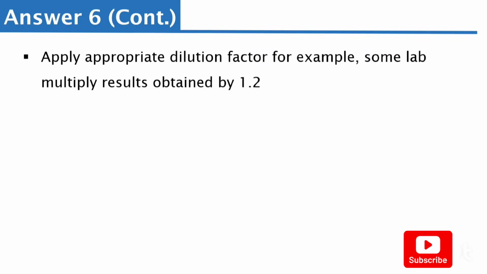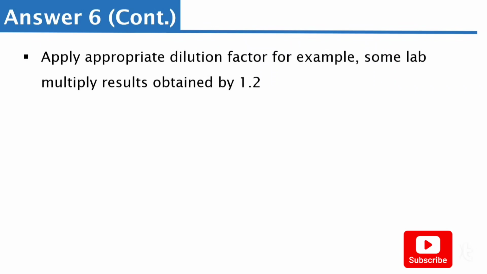So if you dilute something by 1 in 3, by the time you get the result, you need to multiply by 3. If I have a diluted sample and I get 5, I need to multiply 5 times 3, and the result is 15. I hope that makes sense. So you now need to apply the dilution factor of what you have used.